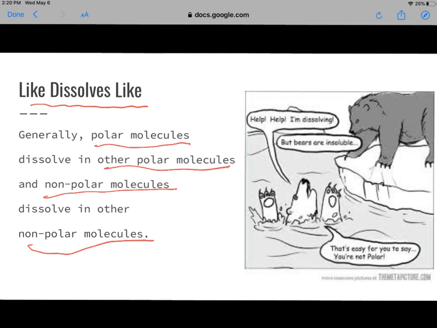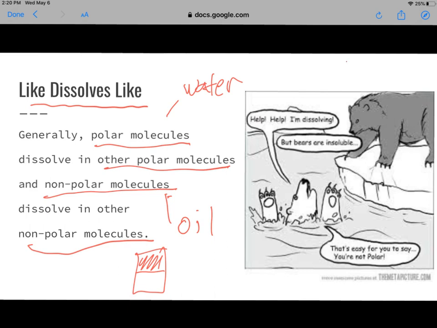So, for example, we know that water is polar. An example of something that is not polar would be oil, like fats or vegetable oils. And you should know that water and oil don't mix. They're just going to kind of separate out into two layers. You can't dissolve oil in water.